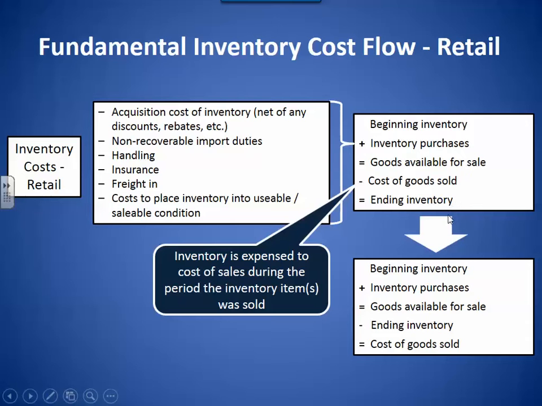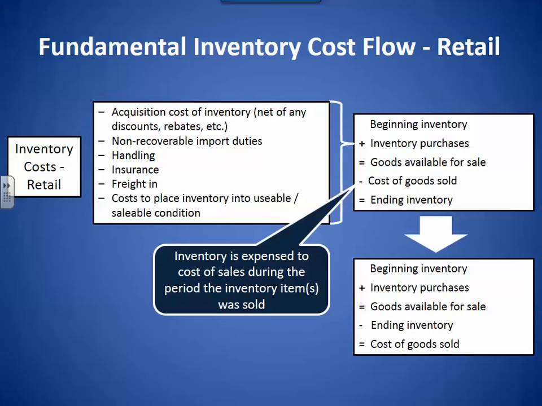Now, another way of saying this is what we need to do in order to compute our cost of goods sold at the end of the accounting period. We know what our beginning inventory is. We know what our total purchases are from the accounting records, so we know what the goods available for sale are.